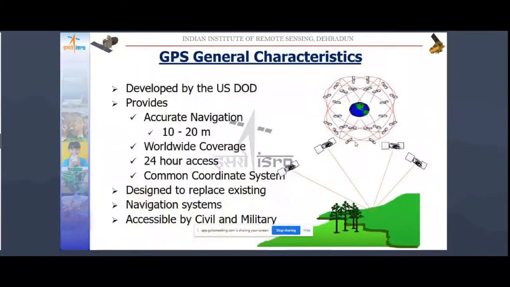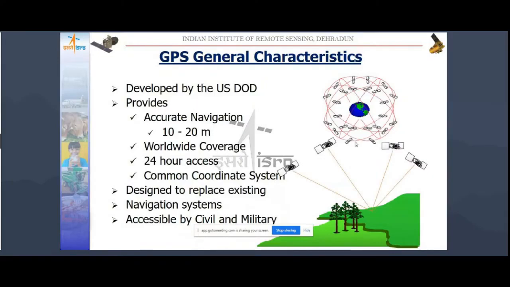So when we talk about GPS general characteristics, it's developed by the US Department of Defense and it provides accurate navigation. We can get an accuracy of around 10 to 20 meters using this constellation. The important thing is that it has worldwide coverage and 24-hour access.